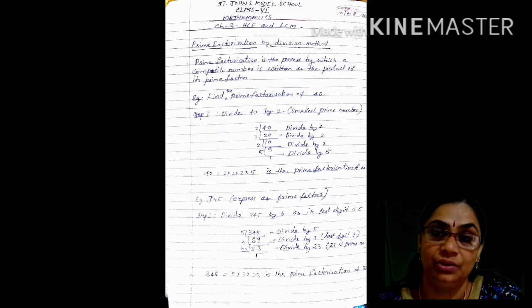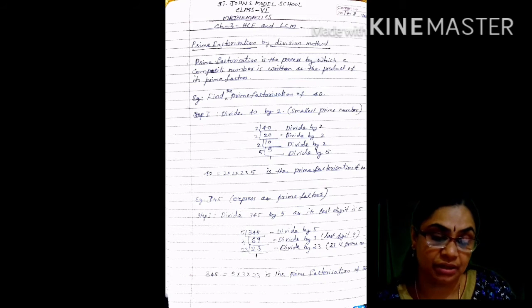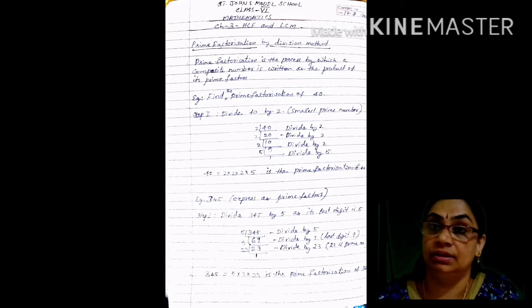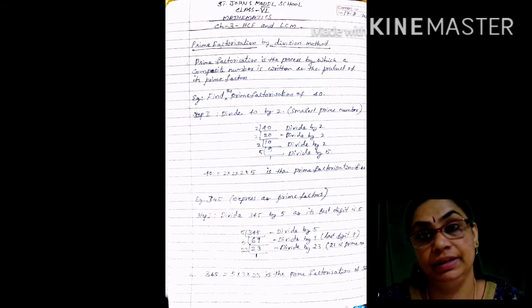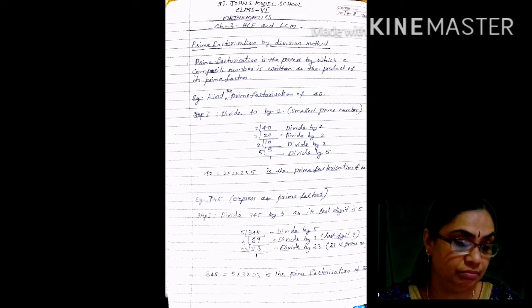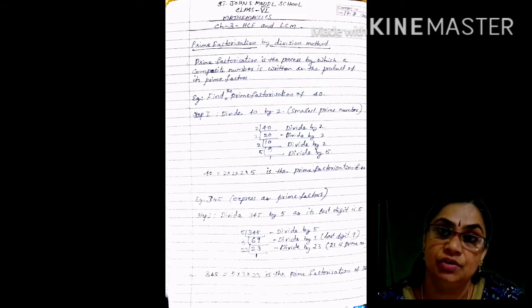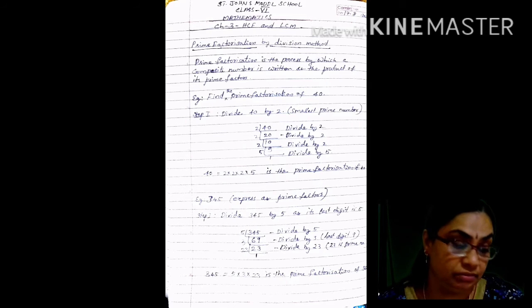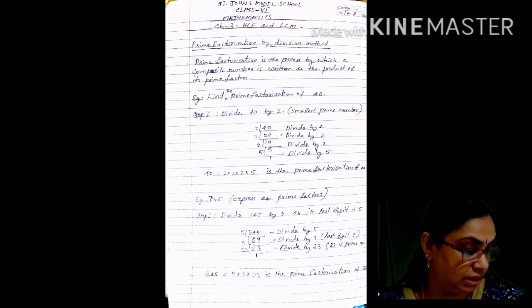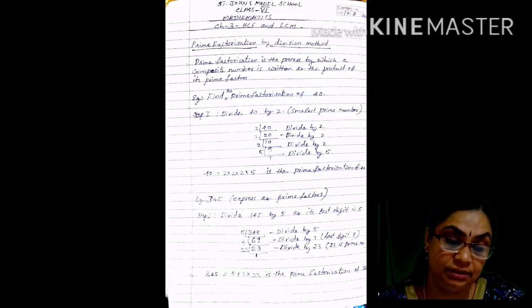Now we are going to start our regular classes. In the last class we were in the third chapter, HCF and LCM, and we discussed the divisibility tests of numbers, of 2, 3, 4, 5, 6, 7, then 8, 9, 10.